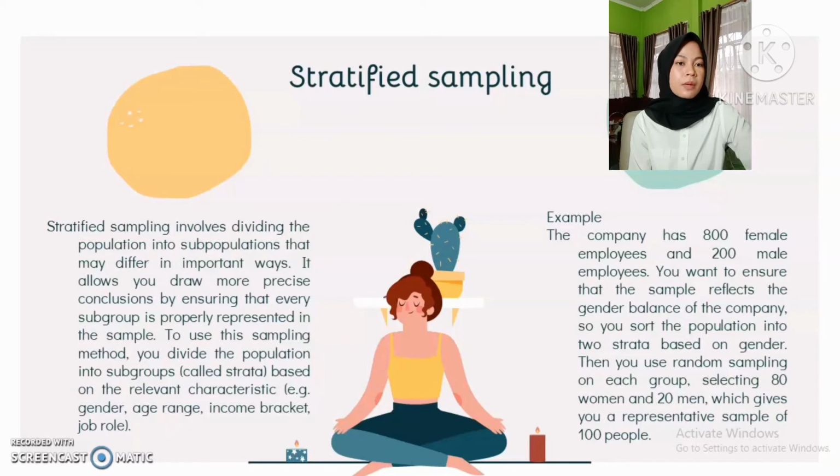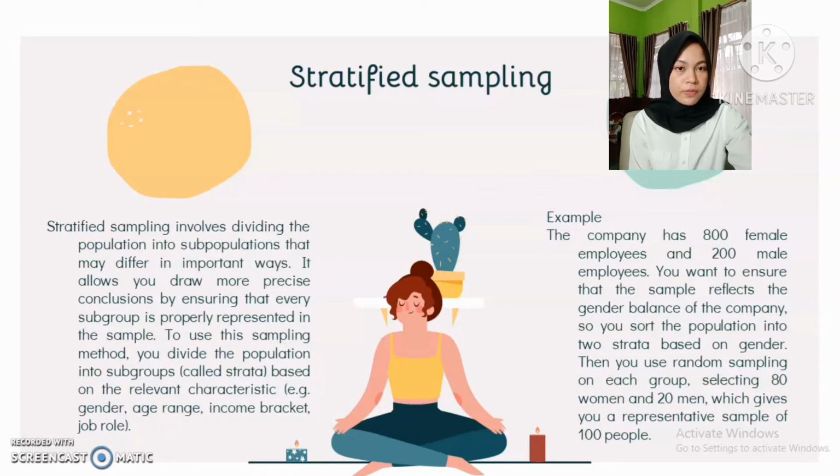To use this sampling method, you divide the population into subgroups, called strata, based on relevant characteristics, for example, gender, age range, income bracket, job role, and etc. Based on the overall proportions of the population, you calculate how many people should be sampled from each subgroup. Then you use random or systematic sampling to select a sample from each subgroup.